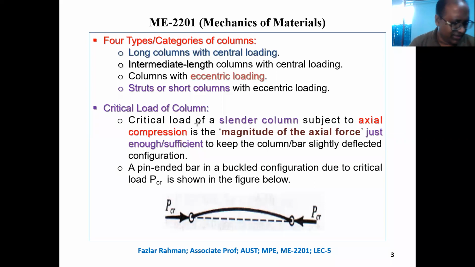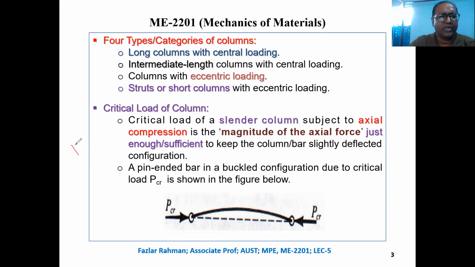Now, there is one term used for columns called the critical load of the column. In the beam, we use the formula sigma equal to My by I or Mc by I, right? Similarly, in the column, we need a formula to figure out the critical load or critical stress. If you can figure out the critical load, that means how much maximum load a column can take.